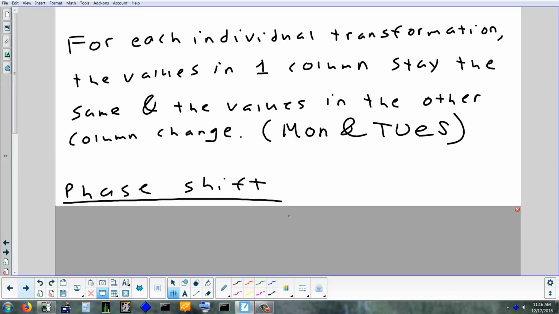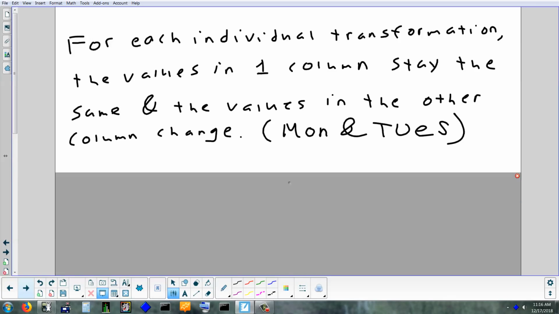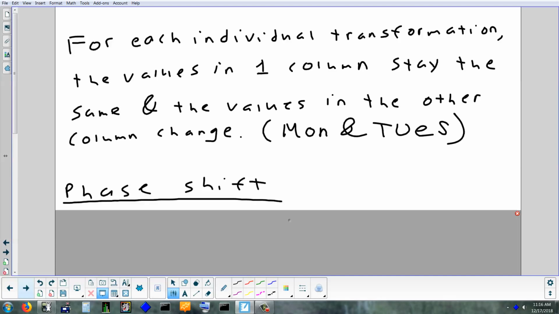All right. So everything I just explained about periodic functions, those original tables, that's all background information for every transformation we do this week. For the rest of today, I'm going to talk about two specific transformations. The first one is called a phase shift. Okay, we're going to do both of the shifts today, and we'll do both of the stretches tomorrow.